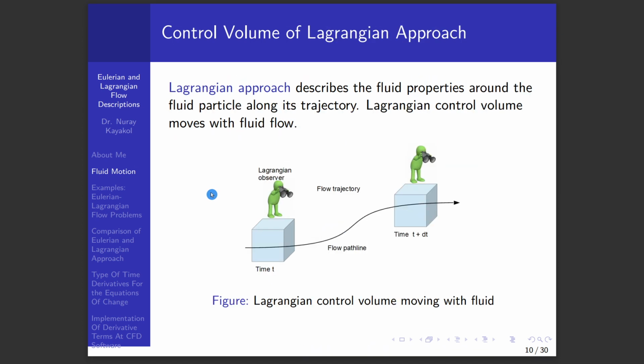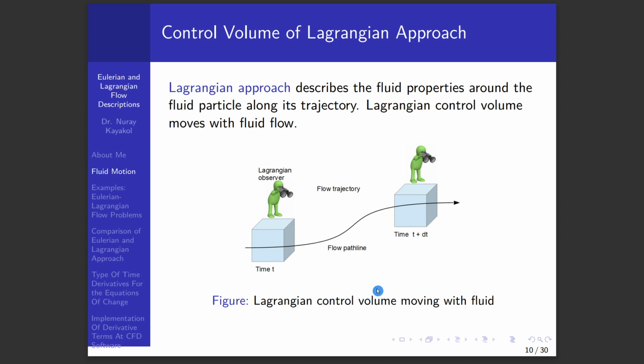How about the Lagrangian approach? The position of the observer is different than in the Eulerian approach, because in the Lagrangian approach, a particle is tracked. That means the observer moves with the control volume.